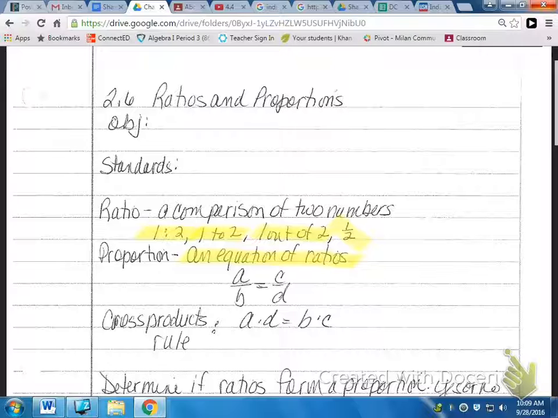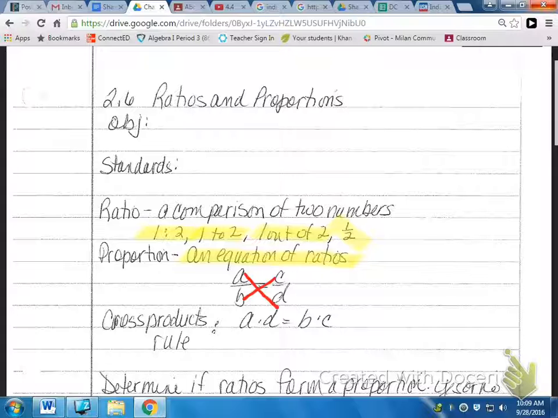And the cross product rule says you can cross through a proportion and multiply through that cross. In other words, A times D is equal to B times C. The cross products are always equal in a true proportion.